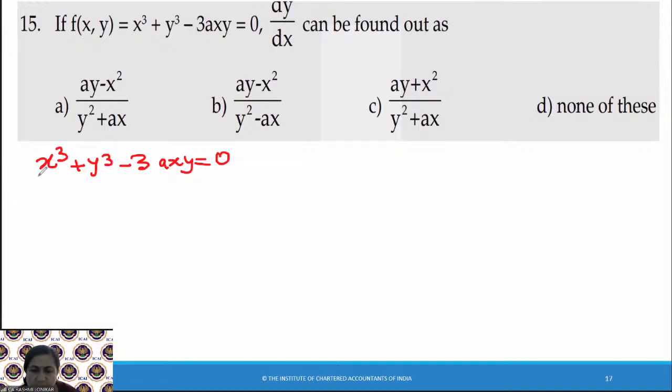Now here you see the term is in x, here you see the term is in y. But here 3a is constant, so you don't have to worry about a.